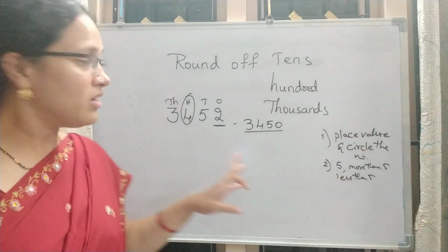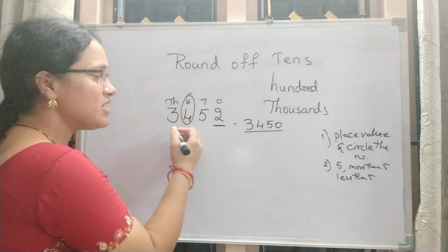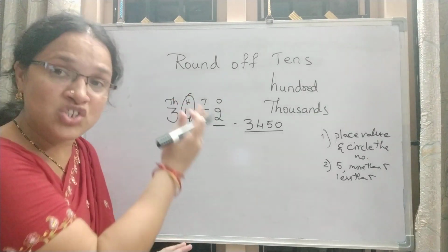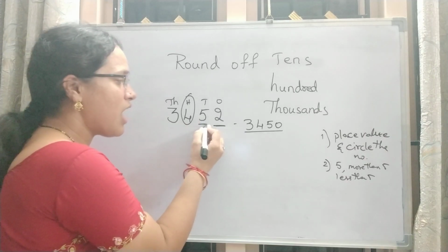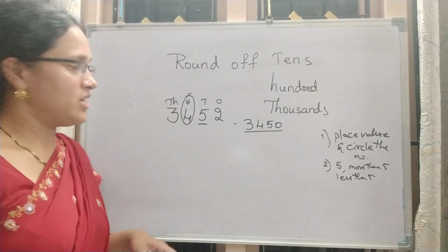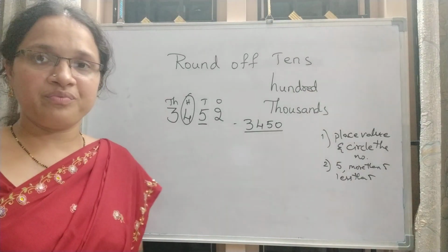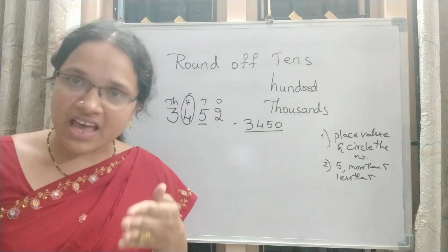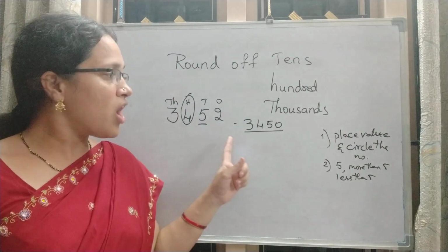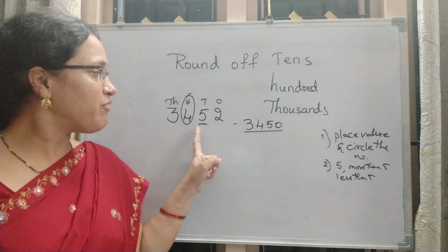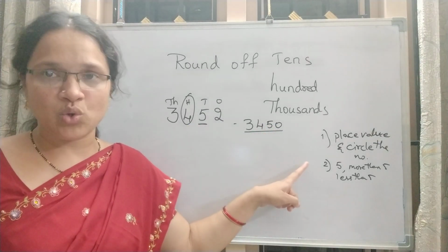Now check the next one. What is the next one here? The tens place, because we are rounding off the hundreds place. Now this is 5. Children, if it is less than 5, there will not be any change and the remaining numbers after the rounded number will be 0.